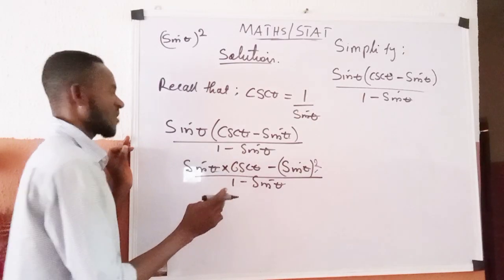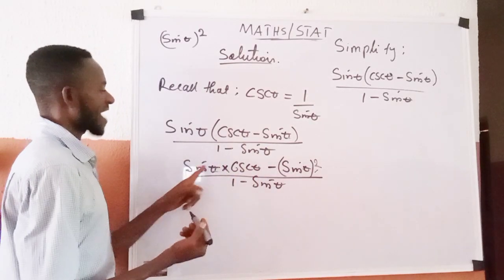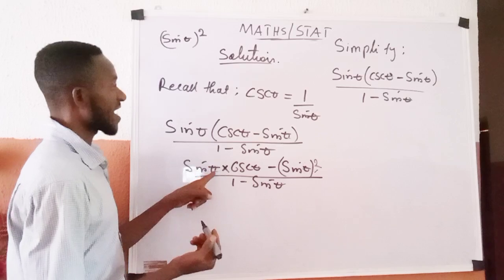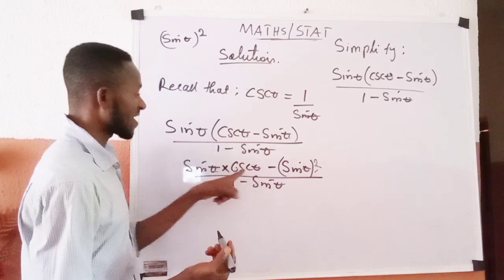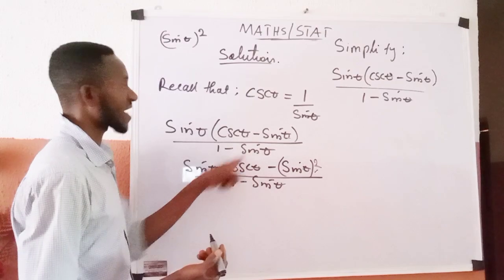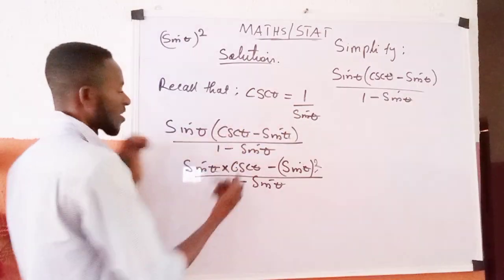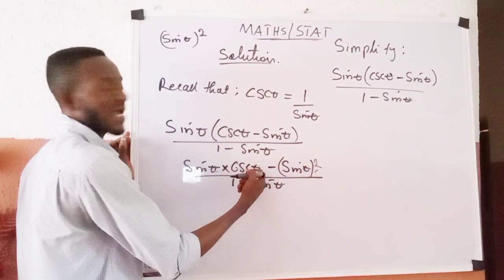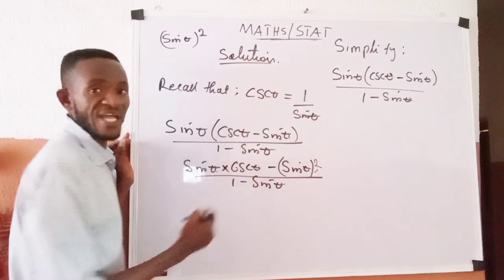We have already told ourselves that cosec theta, that is CSC of theta, is 1 over sine theta. So in place of this CSC of theta, I am going to use 1 over sine theta.